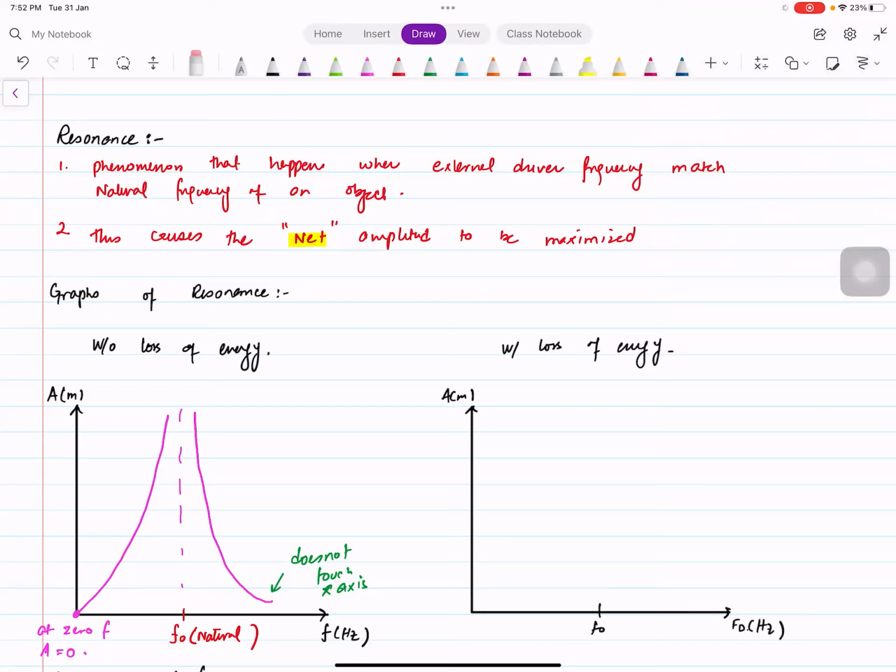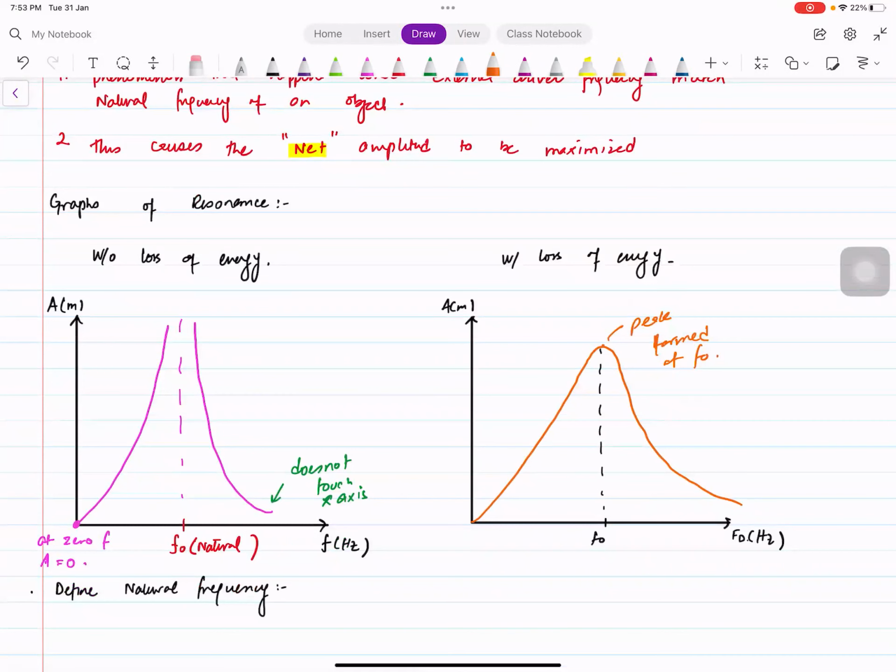So a peak is formed at F naught. Is that clear, everyone? Rest of things remain the same. Do you guys understand this?